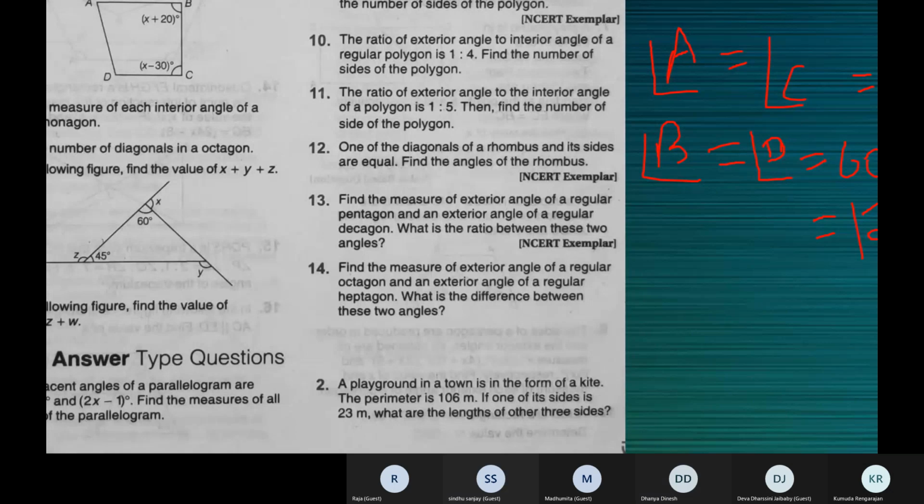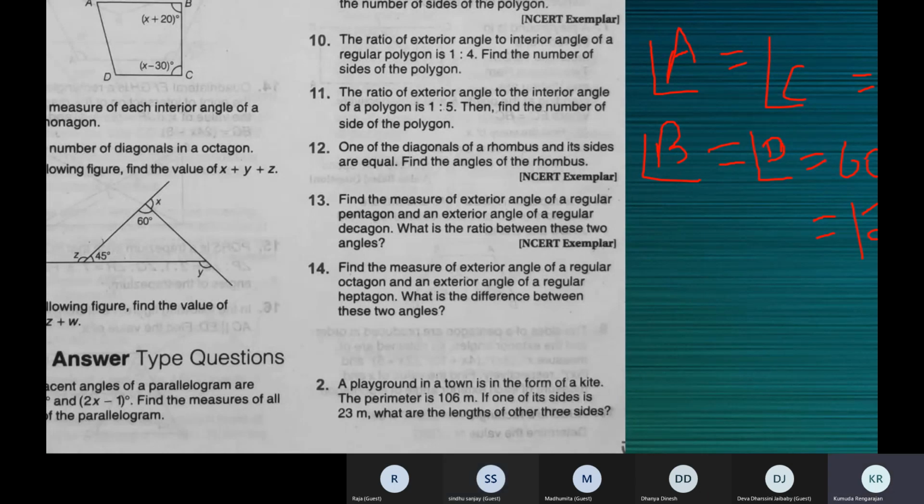So how do you find the measure of each exterior angle of a regular octagon? 360 by n, this is the formula. 360 by 8 equal to 45 degrees, ma'am. 360 by 8, very good.